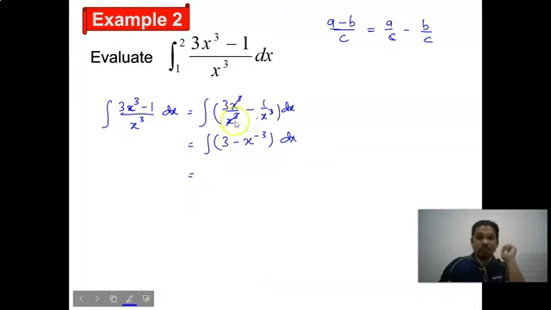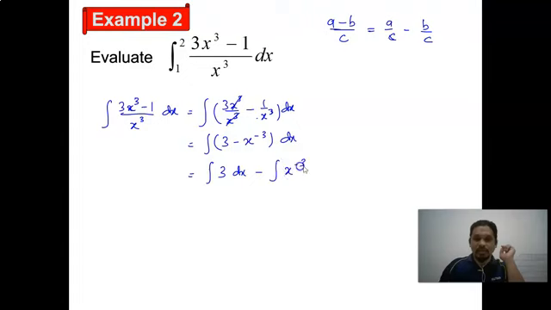We already simplified between these two, and then 3 minus x to the power of negative 3. If I separate this into two parts still, the integral of 3 dx minus the integral of x to the negative 3 dx. We may integrate the function starting from here, but it's okay if I separate it into two, it might be clearer.